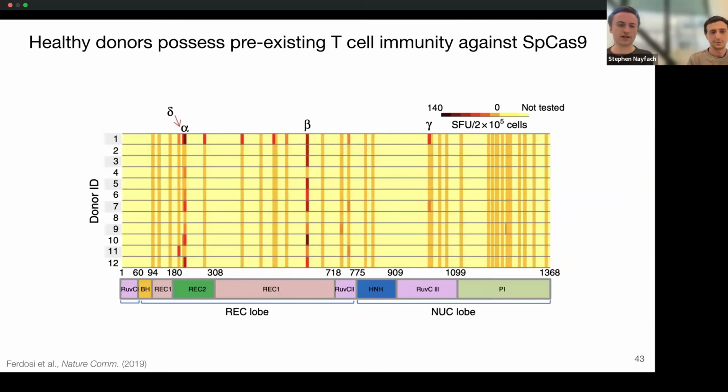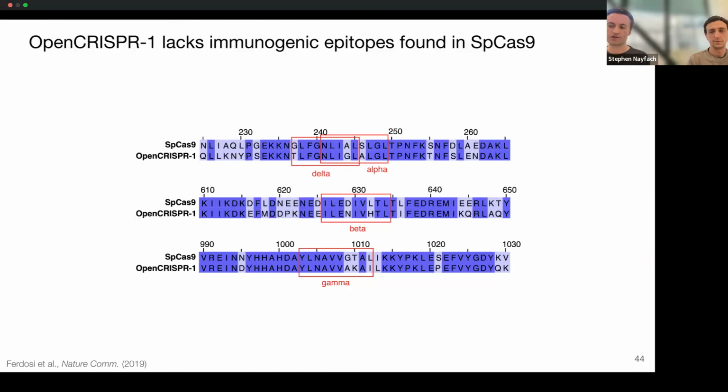For this figure, this is from a paper from Ferdowsi et al., where they took a panel of 12 donors and found these existing T-cell immunity epitopes against SP-Cas9. They picked out 4 that appeared across most donors, and those are labeled at the top of this with alpha through delta. So then we did a really quick in silico experiment where we simply checked if these same epitopes from SP-Cas9 exist in OpenCRISPR-1.